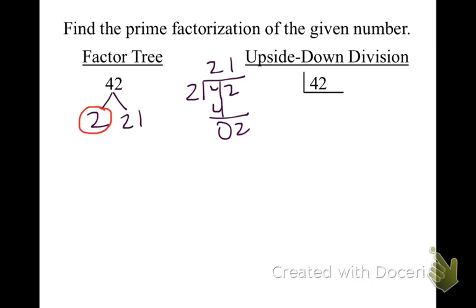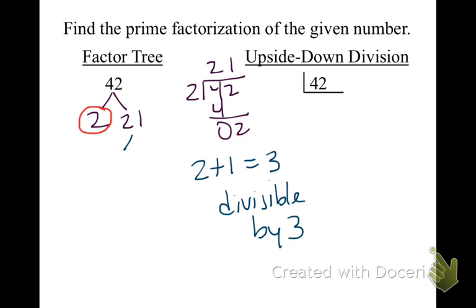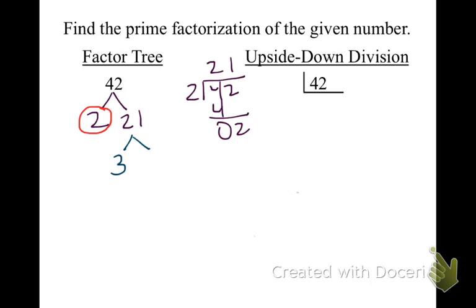Now 21. Taking a look at 21, it doesn't end in an even number. Let's see, 2 plus 1 is equal to 3, so I know this is going to be divisible by 3. So I break this apart. Now 3 times what is going to give me 21? 7 is going to give me 21.